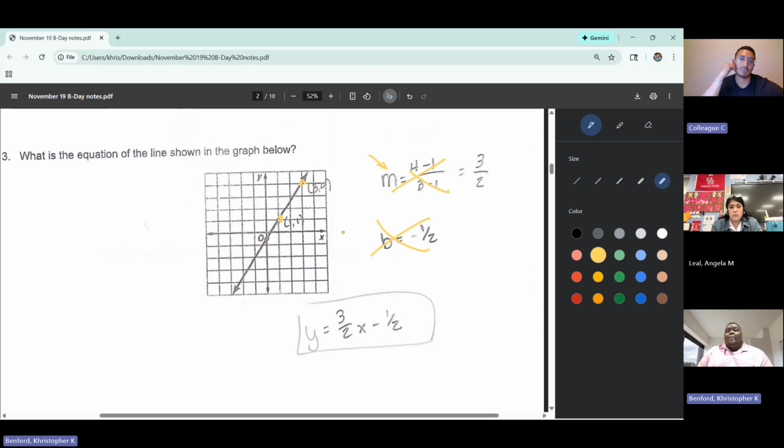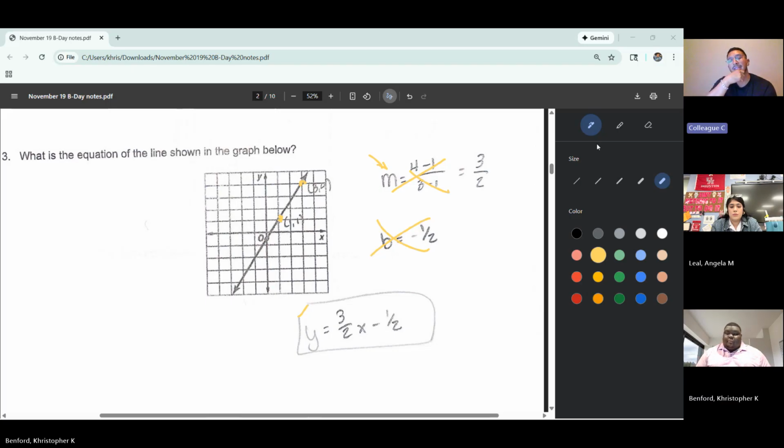And so a weaker response would be either them just identifying the points and then just putting it into the slope intercept form, or them not understanding what the slope intercept form is at all, and then just putting it into a different form, which I typically don't see because slope intercept form is the easier form of the three. So yeah, that would be what a weaker response will look like.